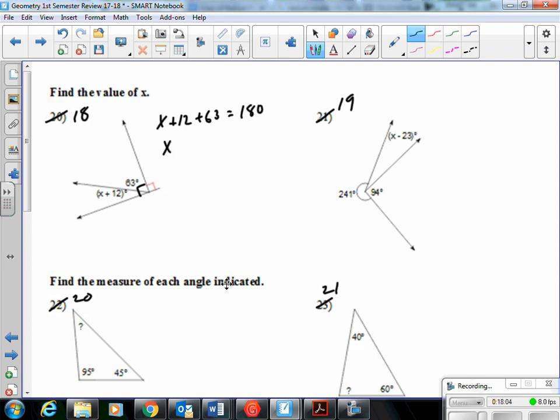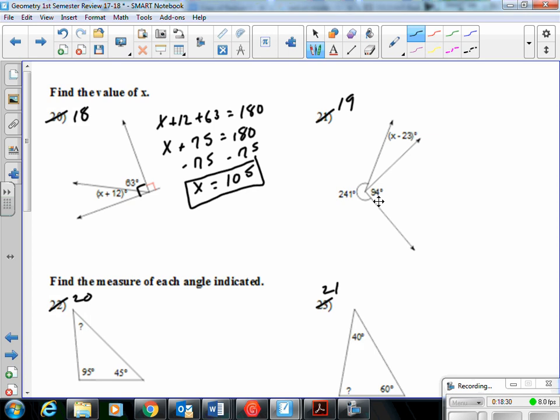So X plus 75 equals 180. Subtract 75. X is going to equal 105. That's all we're doing is solving for X.